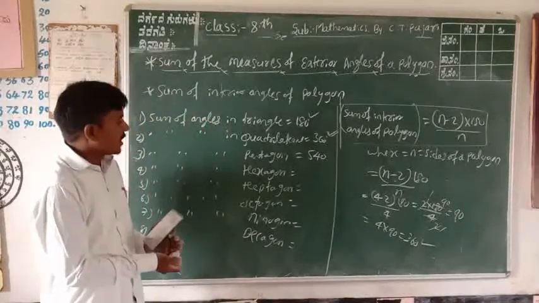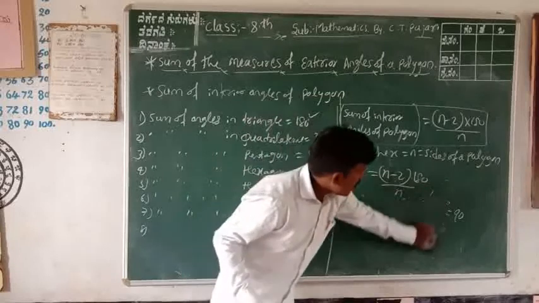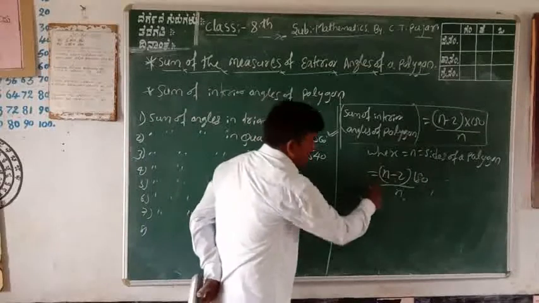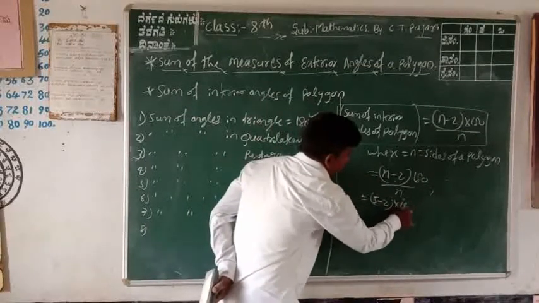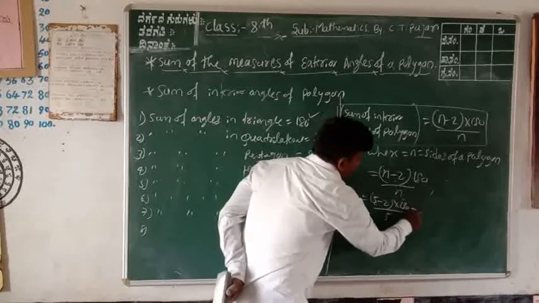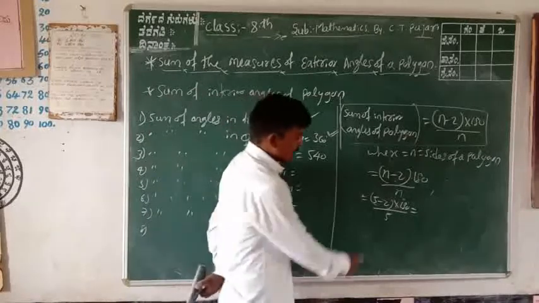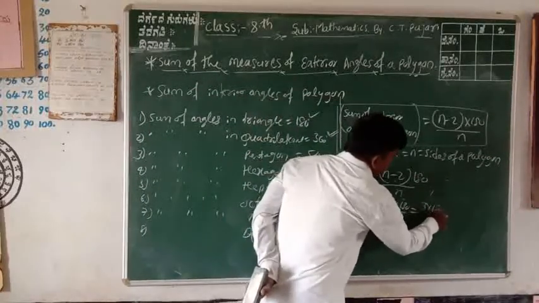Next, you can find it for a pentagon. In a pentagon, how many sides are here? 5 sides. (5 minus 2) into 180 degrees divided by 5. Again simplification. In a pentagon, 5 sides, 5 angles. 5 minus 2 is 3, into 180 degrees divided by 5.